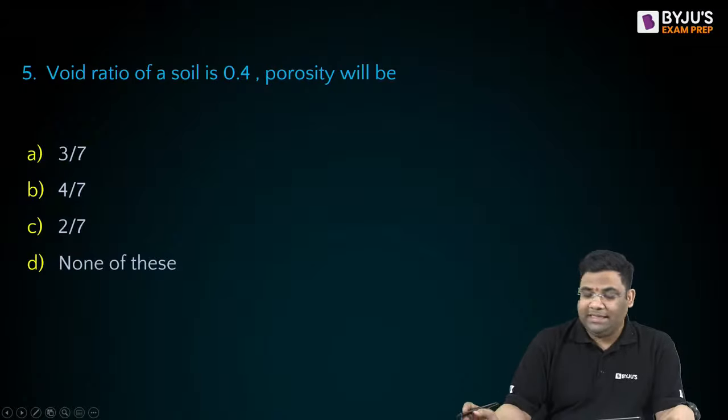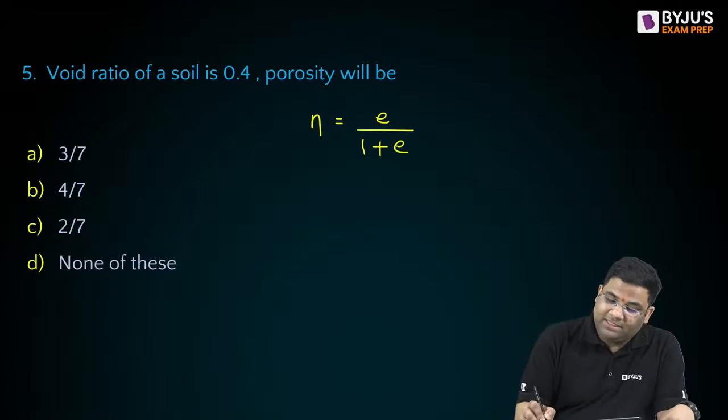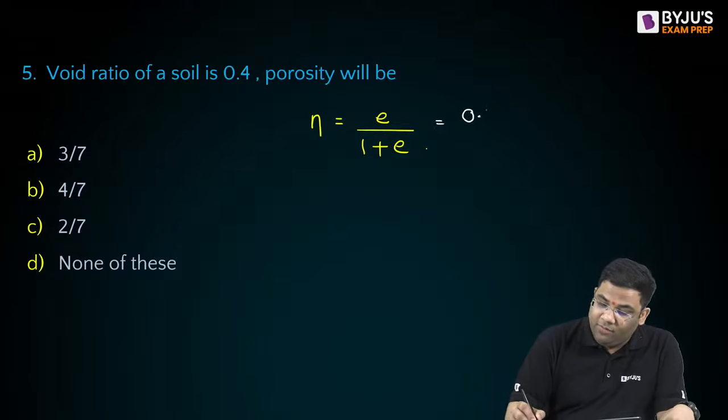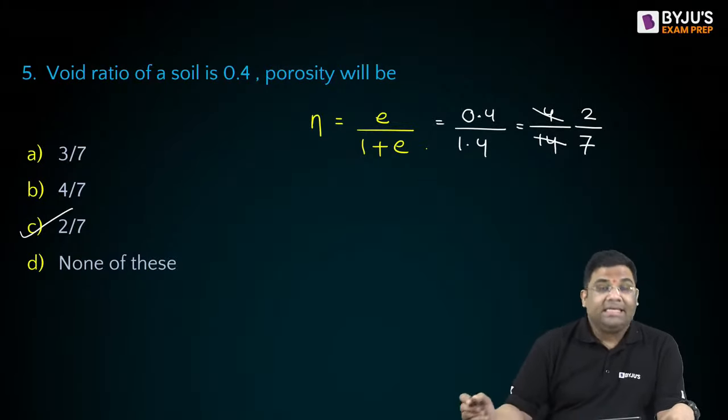Samridhi answered C, yes. So use this formula: porosity is equal to e by 1 plus e, right? So this becomes 0.4 by 1.4, that I can say 4 by 14, or 2 by 7. So the right answer is C.